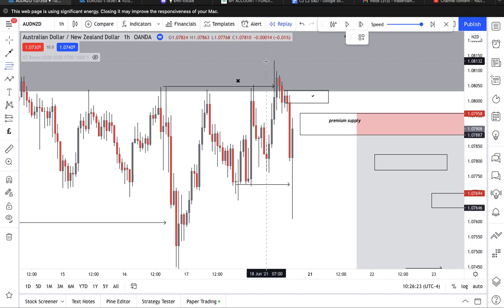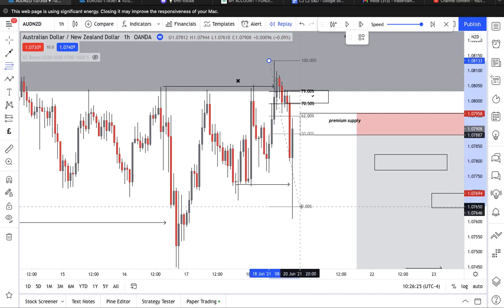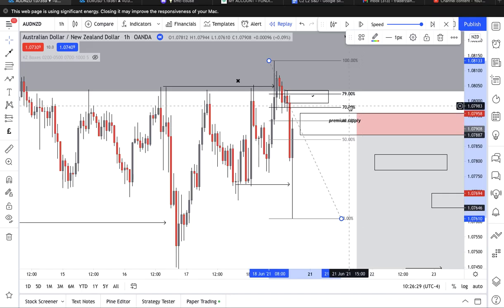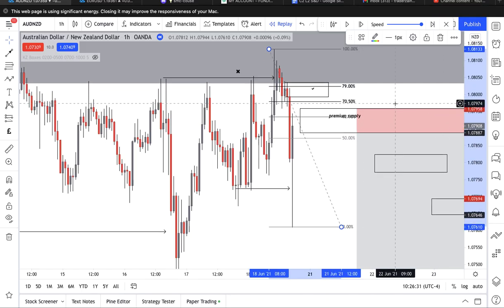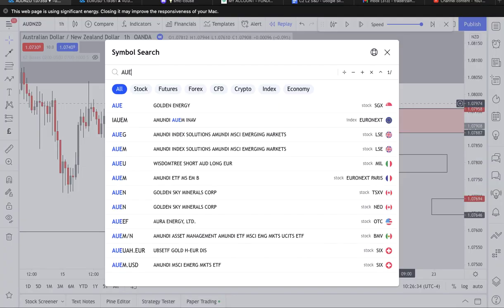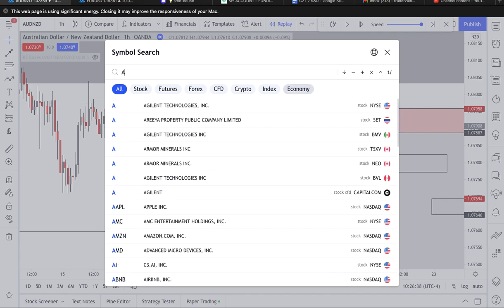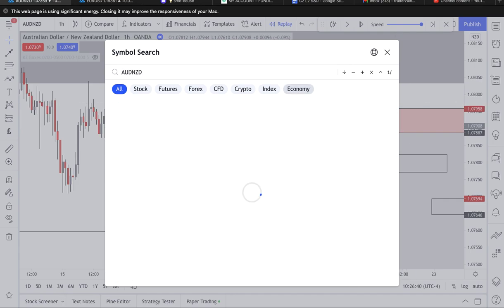Which zone do we take an entry of? This is our swing high. This is our swing low. So now let's find our premium areas. Actually, let me go on a fresh chart to avoid any confusion.